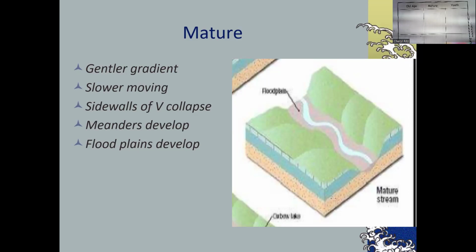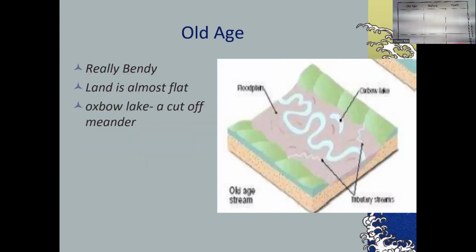And nobody built their house down there because it gets flooded all the time. Any little creek you have, you'll see a spot where the stream is, and then an area that gets flooded that's nice and flat.